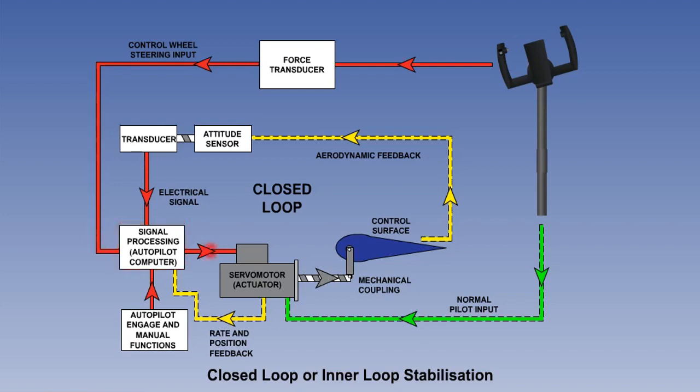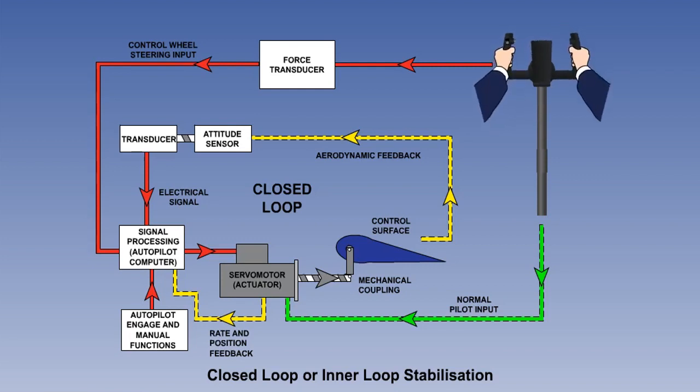The signal then goes through the autopilot's normal inner loop to move the control surface via the servo motor. Once the aeroplane achieves the new attitude, the pilot completes the feedback loop, releases the input, and the autopilot maintains this new stabilized attitude.